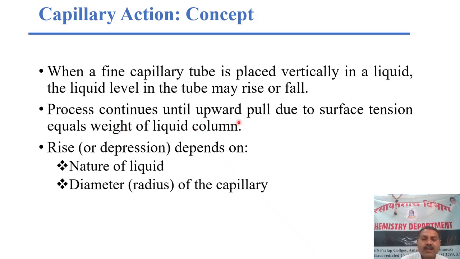So when we put a capillary in the liquid, it starts rising in the capillary and rises until the weight of the liquid column becomes equal to the upward surface tension of the liquid. Whatever surface tension is exerted on the liquid equals the weight of the liquid column. Till that equal force, the liquid rises in the capillary.